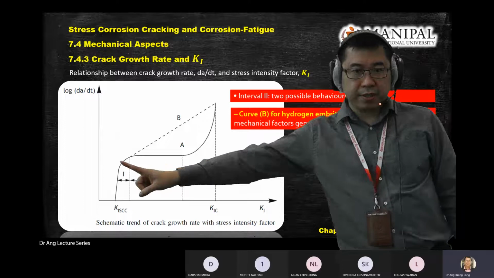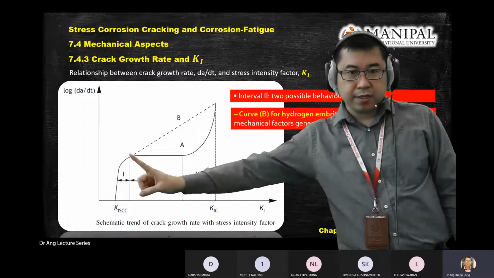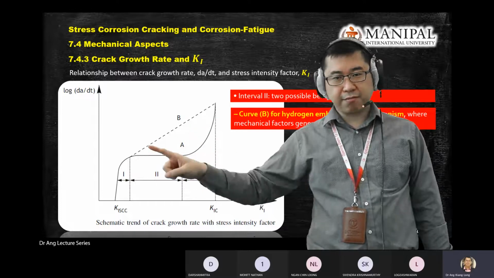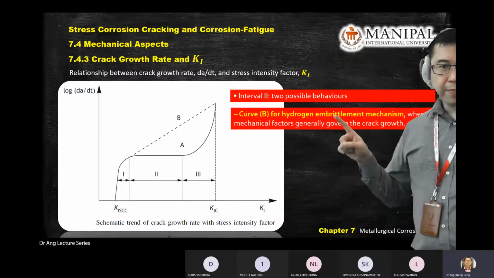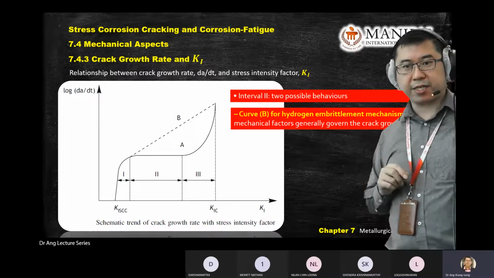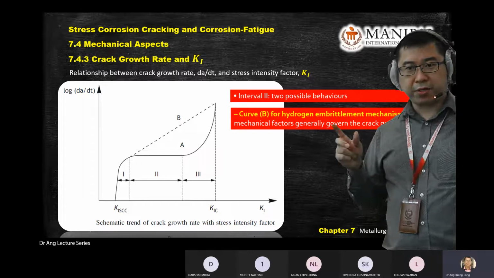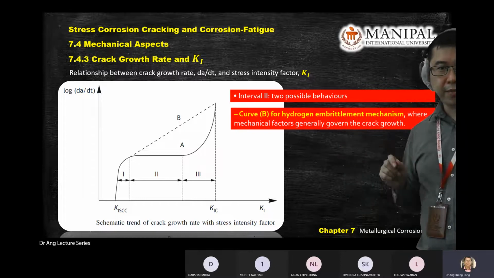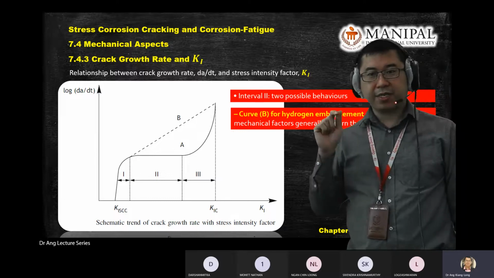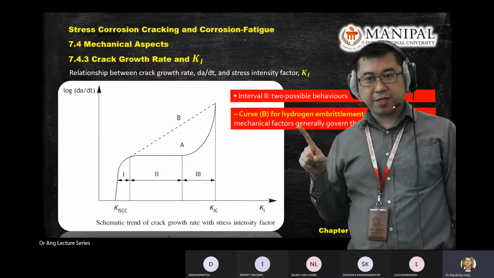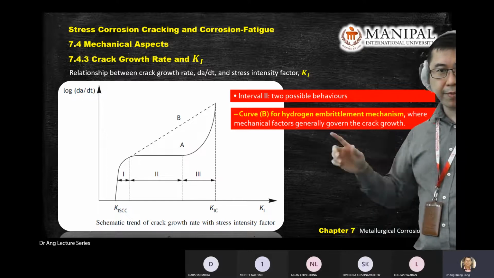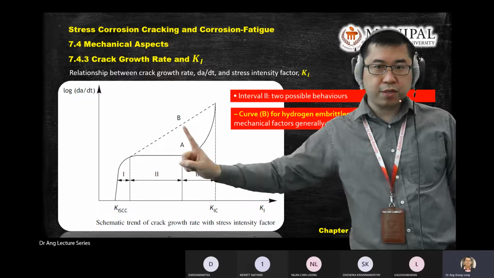Curve B here, you can say it's like a straight line here. It's because of the hydrogen embrittlement mechanism, which is the second mechanism, or rupture mechanism. Or just now you can say as anodic process and cathodic process. So this one is under the cathodic process. Hydrogen embrittlement happens, then it will go through the B curve.